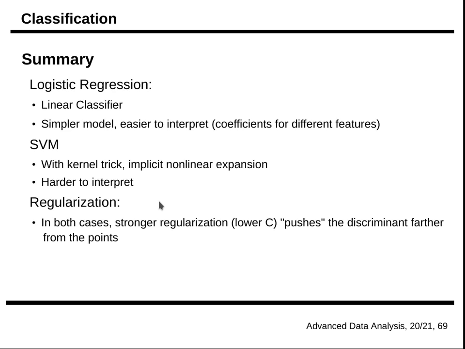With the support vector machine, if you use the kernel trick, then you have very powerful models because you are doing this implicit nonlinear transformation, nonlinear expansion into higher dimensions. However, this makes the model harder to interpret because we are not even seeing the actual discriminant. It may be in a space of infinite dimensions, and so we don't have those clean coefficients associated to individual features that logistic regression gives us.